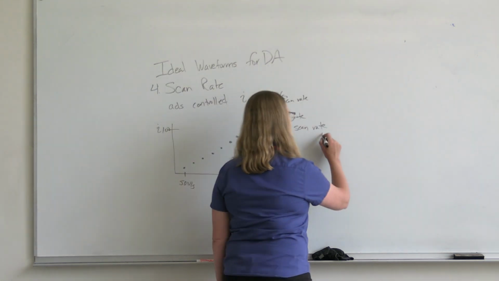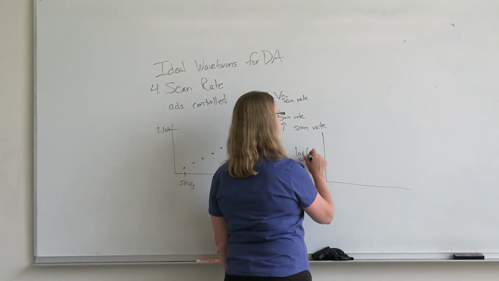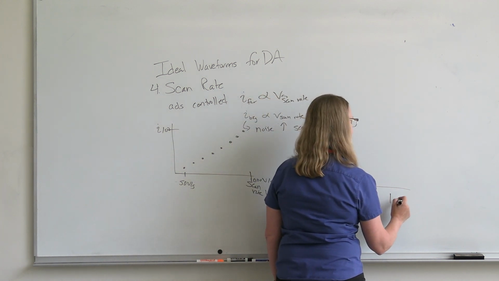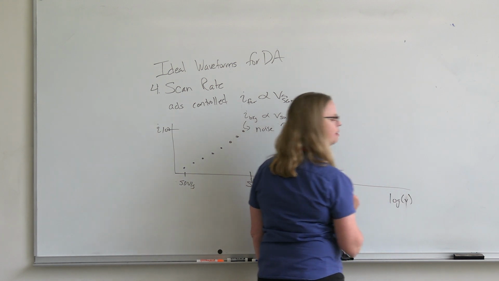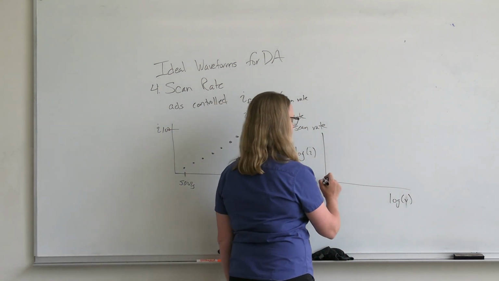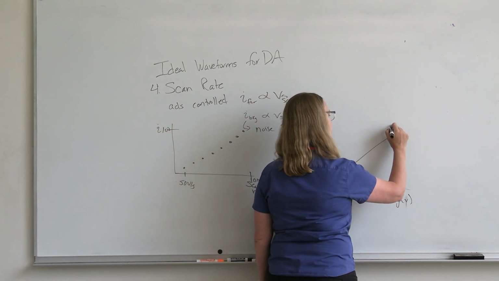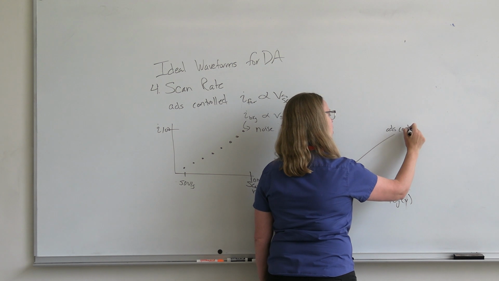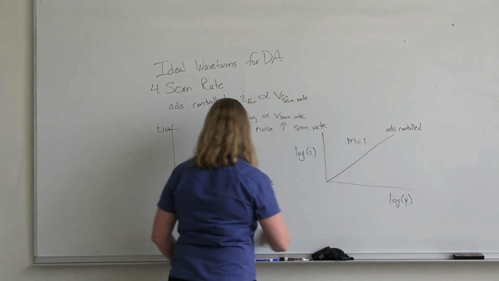More practically, it's actually better to do a log plot. Maybe we do natural log, I don't think it matters. We're going to do a log plot here. And if you do the log plot, for something that's absorption controlled, it should come out with a slope equal to 1.